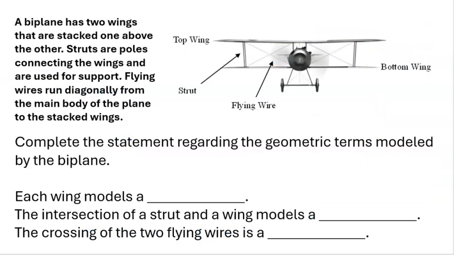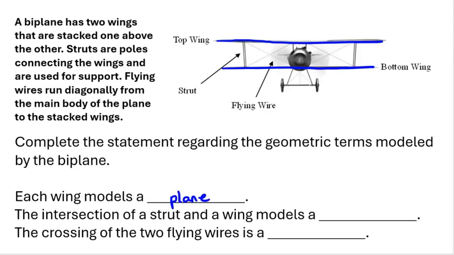And our last one here, we have a biplane here, and it says each wing models a what? When we're thinking about a biplane and what it actually looks like, these wings are flat surfaces. And so there's a pair of parallel flat surfaces here, and so each wing models a plane.